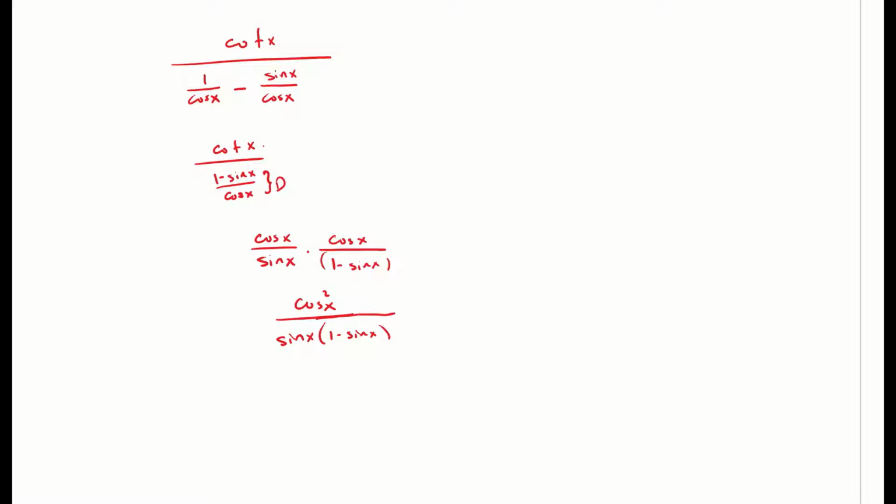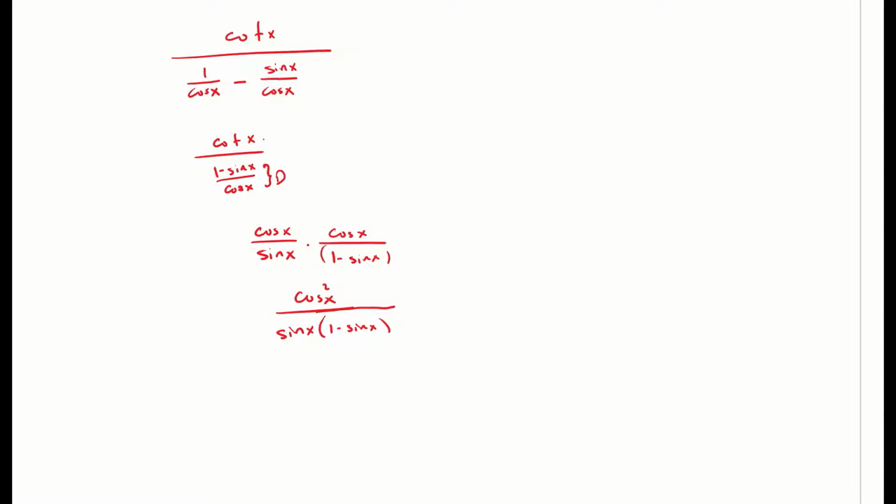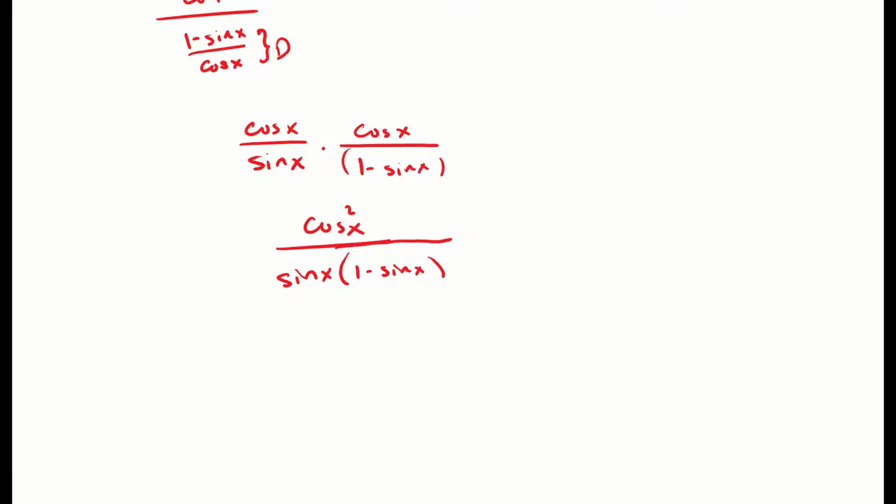And then from here, we can work with the top, right? Even though we still haven't gotten rid of the fraction, and it's maybe a little bit more difficult, we accomplished the first goal, which was to turn everything into terms of sine and cosine, and then we can work from there. So cosine squared x can be substituted in for 1 minus sine x squared over sine x times 1 minus sine x.